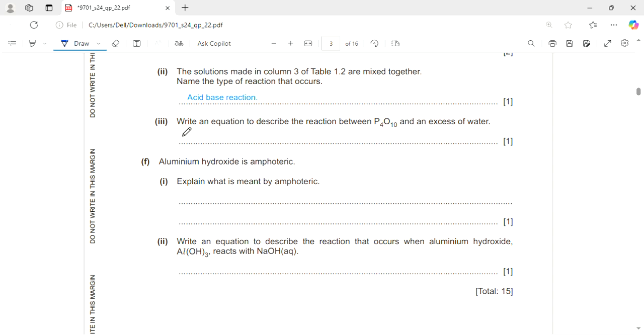So we should write the equation and balance it. It's P4O10 plus water.